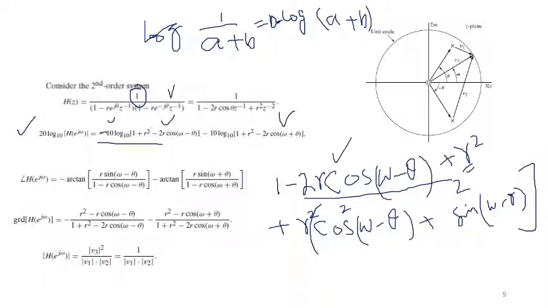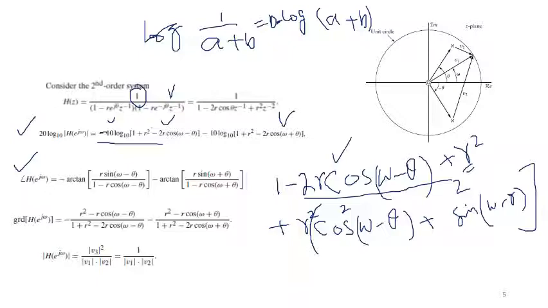Again, for the argument or the phase response, the phase of this will be equal to, because it consists of a numerator and denominator. The numerator has a phase of 0. For complex numbers that consist of a numerator and denominator, the overall phase equals the phase of the numerator minus the phase of the denominator.